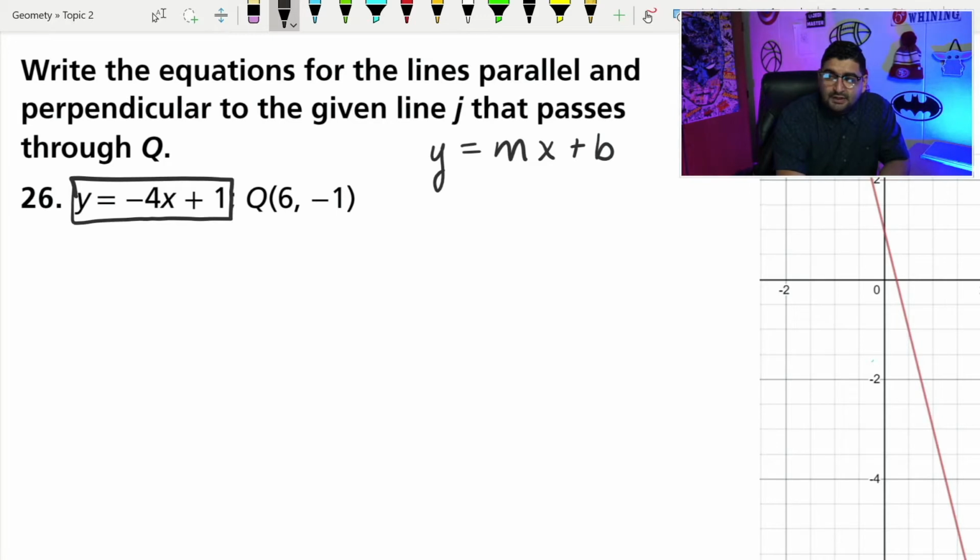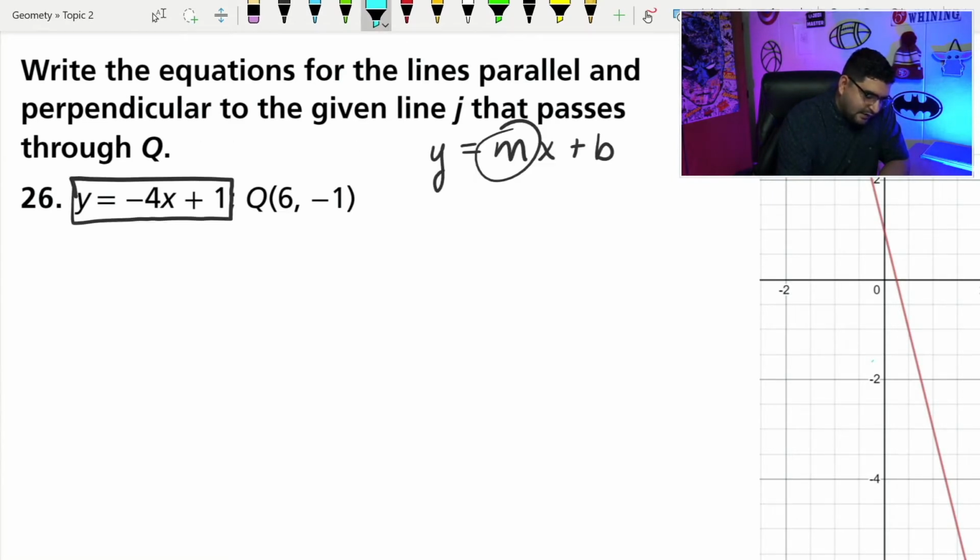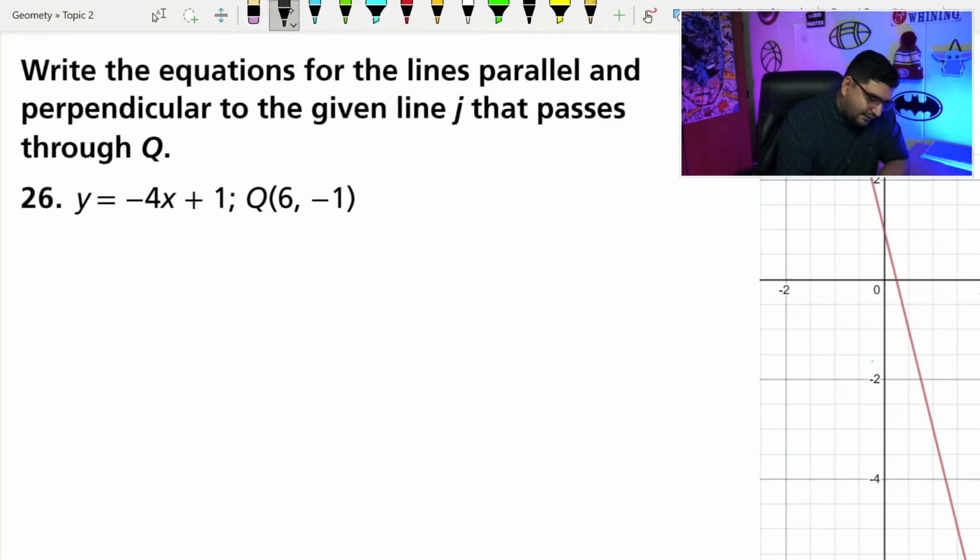We use this form because it's very easy to get certain information from it, mainly the slope. The slope is what's in front of x, so I know by looking at this equation that my slope for this line is in fact negative 4.